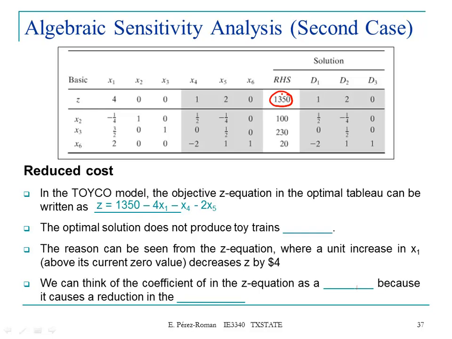And then you also have some coefficients here. So we can use those coefficients to write the objective function based on the optimal tableau. We have the coefficient for x1, coefficient for x4, coefficient for x5. For these, that doesn't matter because that's 0, and we are not taking into account these yet. So we can rewrite this in this way.